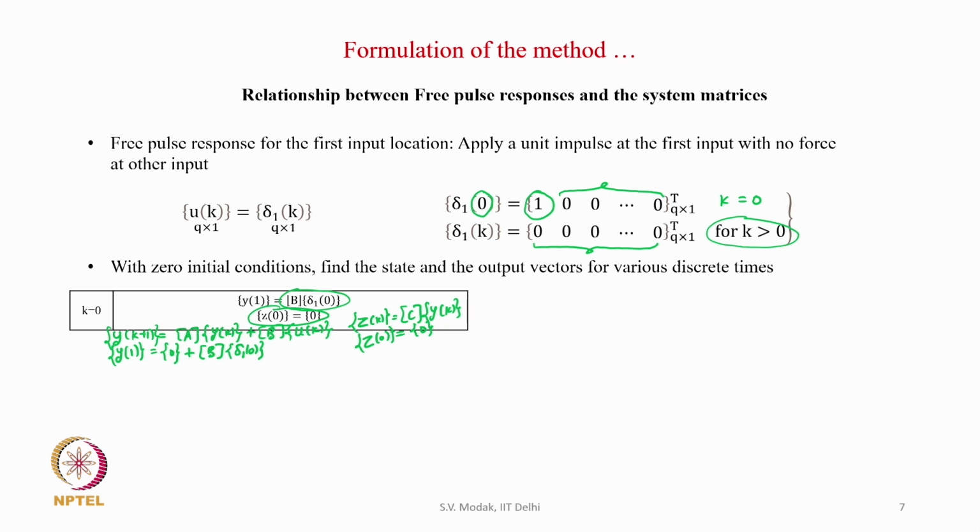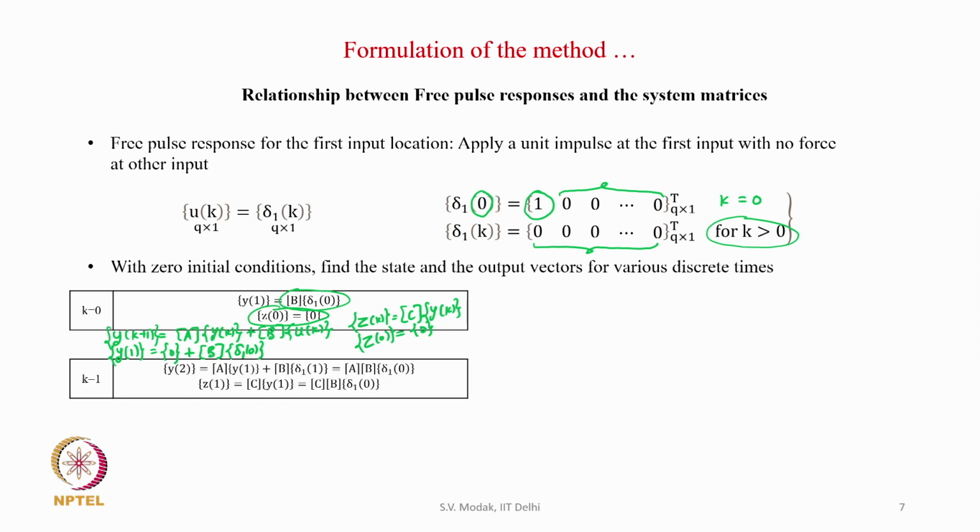Now, we repeat this process for k equal to 1. Therefore, the state vector at the next instant is y 2, and that is equal to A into B into delta 1 0, and the output z 1 is C B delta 1 0.